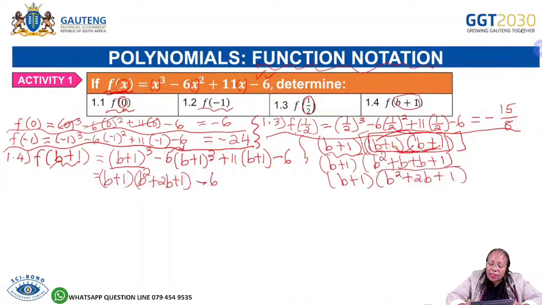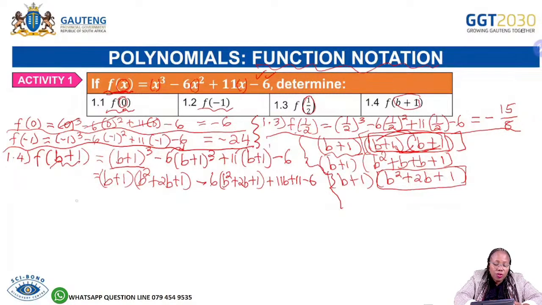The answer is this one on the trinomial bracket. So now we are bringing that b squared plus 2b plus 1. And then plus, we are now distributing 11 in because this is to the power 1. We can do that for this one. That is 11b plus 11 minus 6.